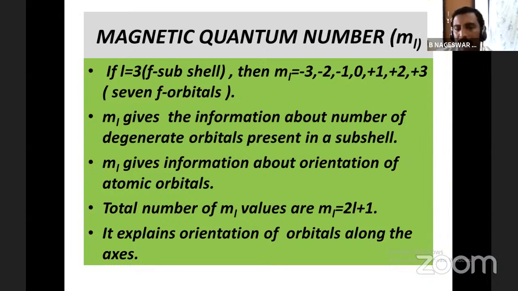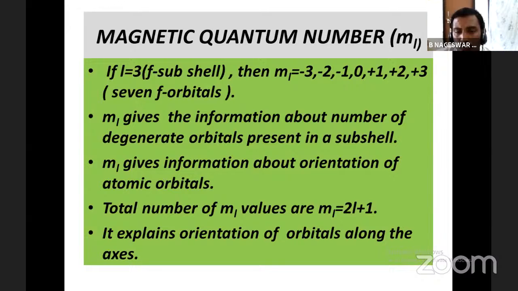If you want to find the total number of ML values, the equation is 2l plus 1. Suppose we take l is equal to 0, then ML values are 2 into 0 plus 1, equal to 1. For l is equal to 1, that means p orbital, we have 2 into 1 plus 1, equal to 3.